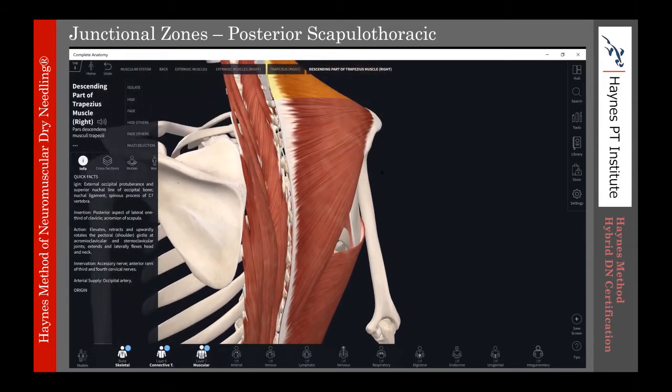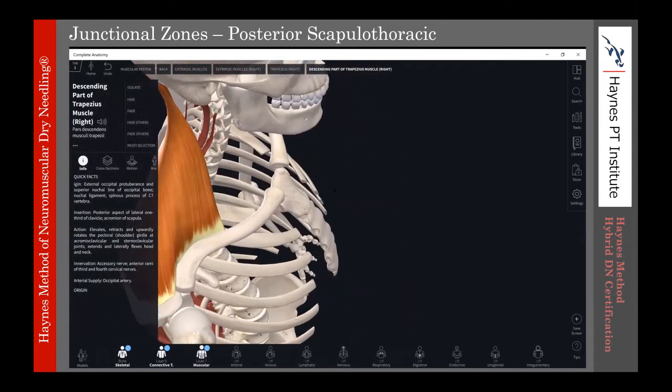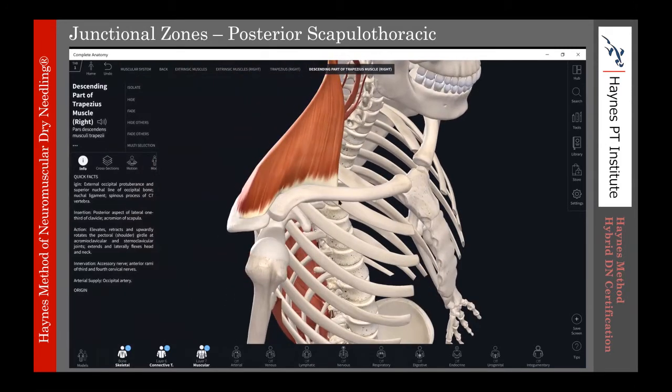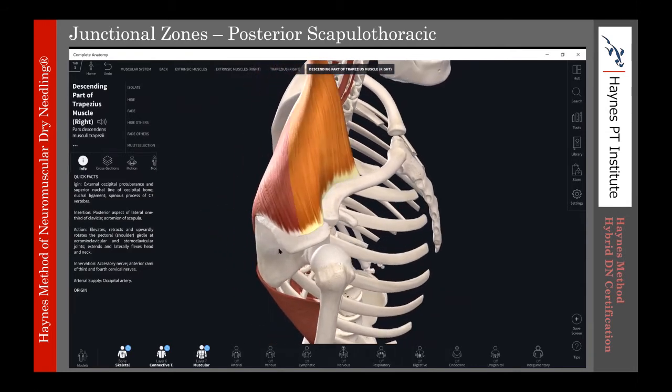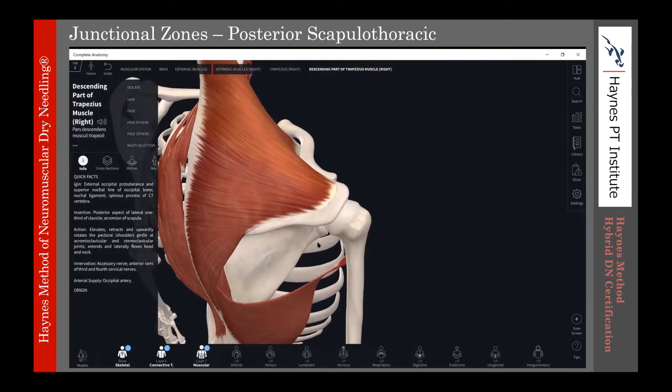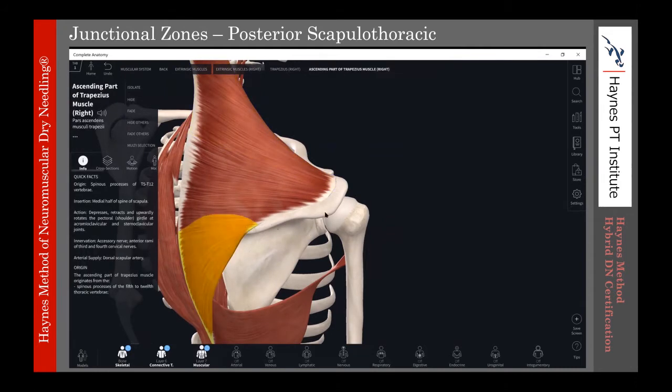The insertion is on the posterior aspect of the lateral third of the clavicle, on the acromion itself, and comes all the way down. It's going to ultimately attach down the spine of the scapula itself, the lateral half to third in the inferior fibers.